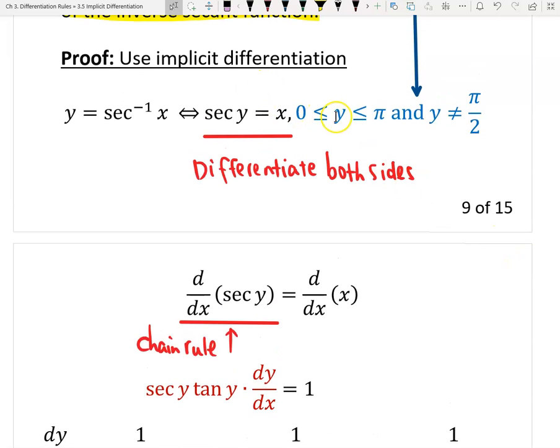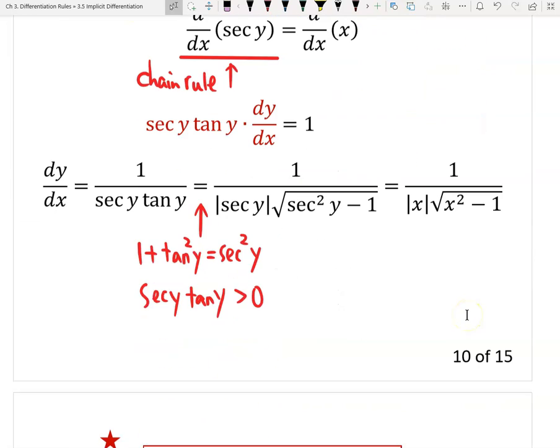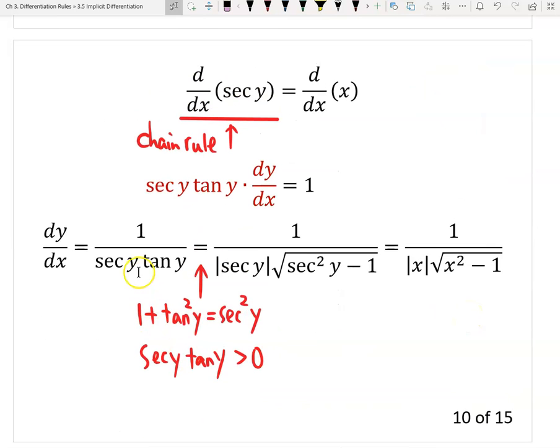Okay, y belongs to Q1 and Q2, right? Quadrant 1 or quadrant 2. Can you see? If y is in quadrant 1, both positive, so positive. If y in quadrant 2, both negative. Okay, secant negative, tangent also negative. Negative, negative makes it positive. So you see, okay, the denominator is always positive. Therefore, we make sure to put the absolute value. And the last, of course, we back substitute.